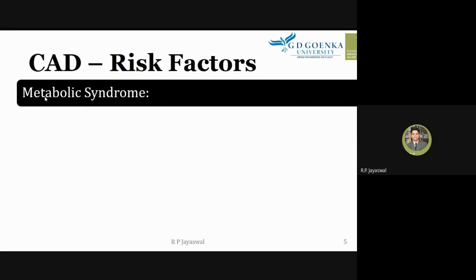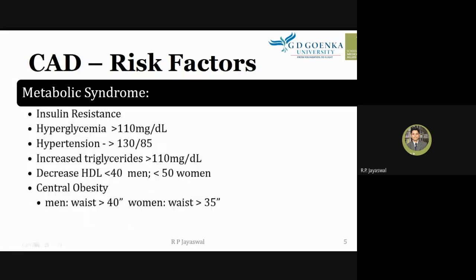So metabolic syndrome is not a single metabolite, it's a group of metabolites which may lead to development of coronary artery disease. So you can see, insulin resistance.